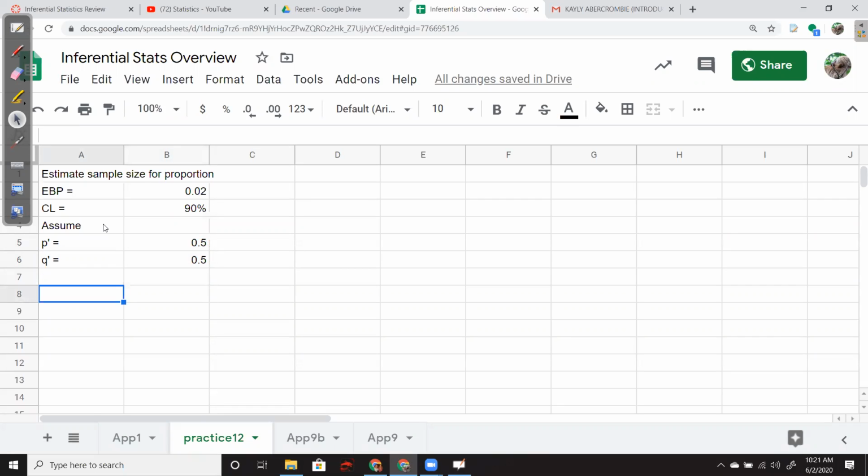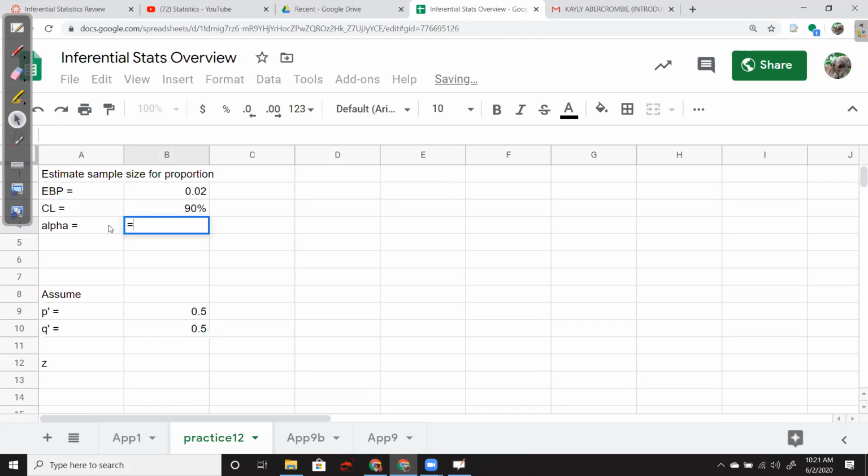Next thing I need to do is find the z-score that goes with this confidence level. So let's add a few new lines here. Shift this down a touch. So there's the confidence level. Alpha, I mentioned earlier, is always equal to 1 minus the confidence level.